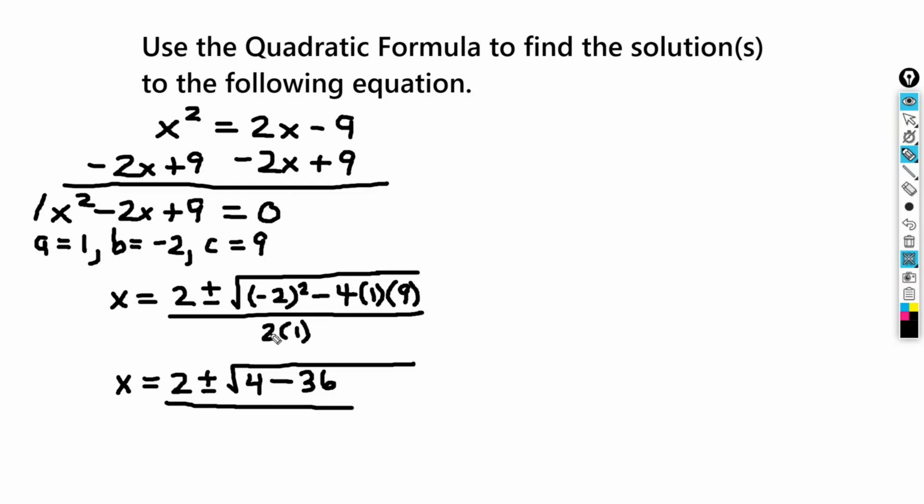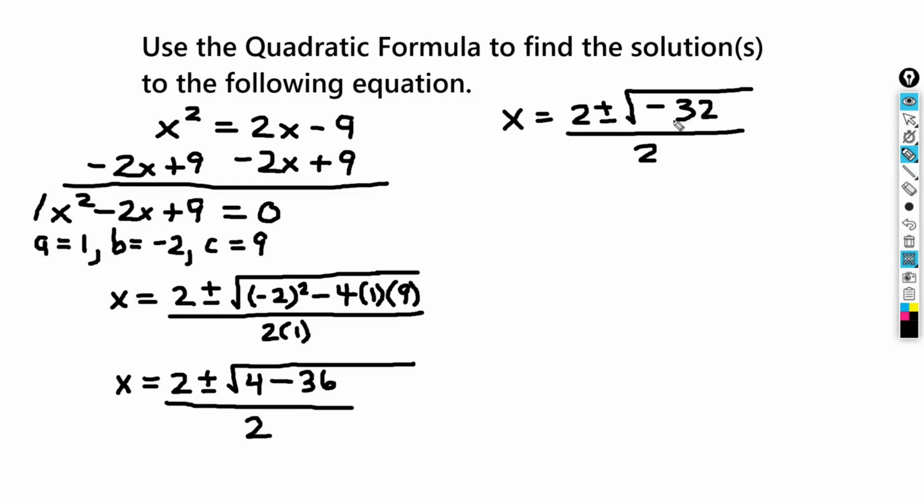Okay, so then the bottom is 2 times 1. So if I come up here, and we simplify further, we get x equals 2 plus or minus the square root of 4 minus 36, which is negative 32, over 2. Now I can simplify this.